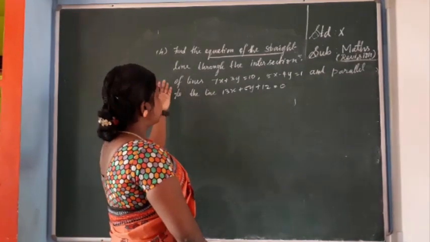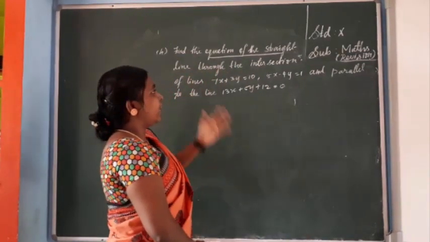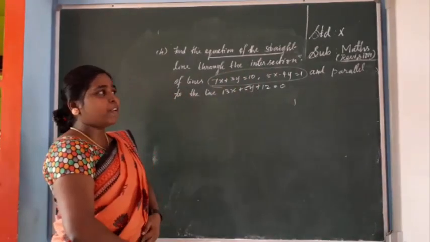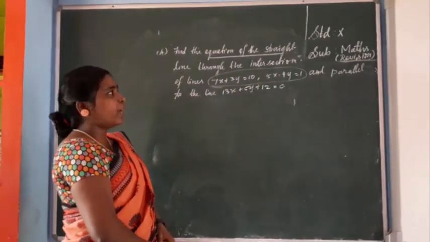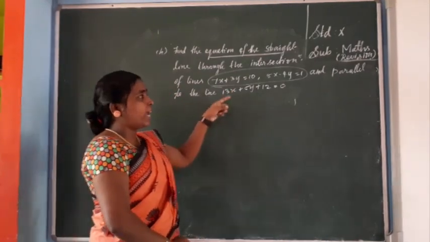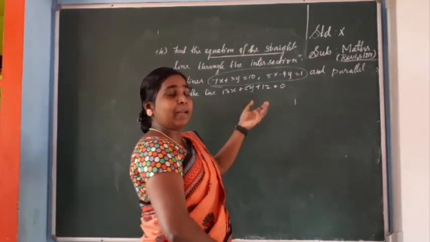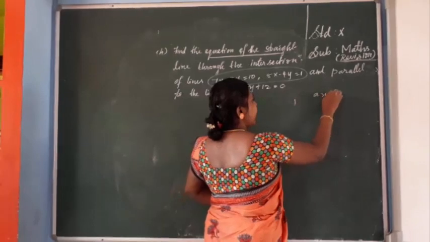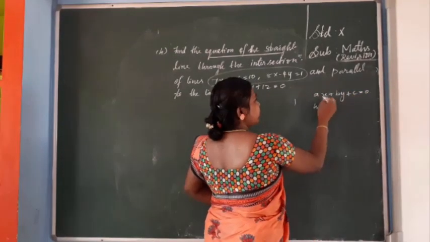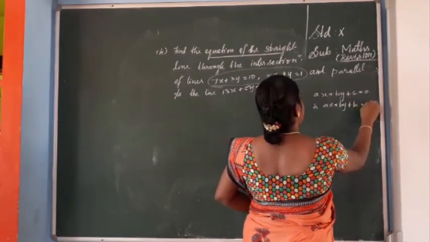For that, the next condition given is through the intersection of the lines. Intersection of the lines means you have to solve both equations and you will get one point. That is the first point. And parallel to the line: you can use the formula that the equation of the straight line parallel to ax plus by plus c equal to 0 is ax plus by plus k equal to 0.